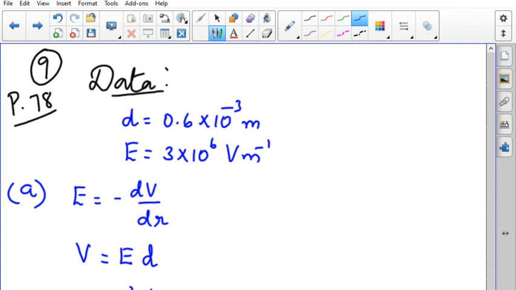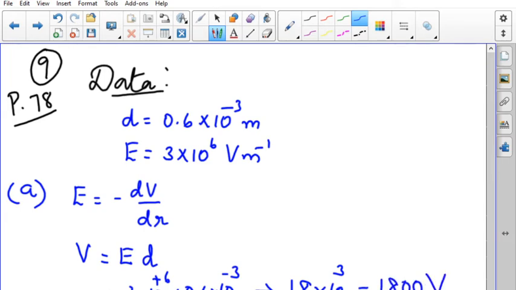3 into 10 power 6 into 0.6 into 10 power minus 3, and it is equal to 3 into 0.6 is 1.8, 1.8 into 10 power 3, or it is equal to 1800 volt.